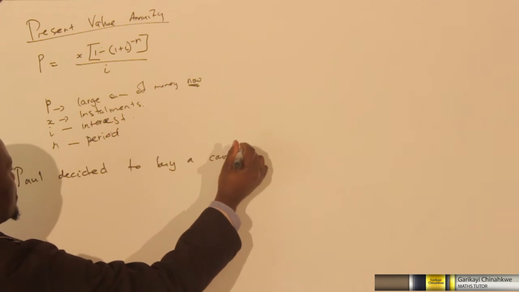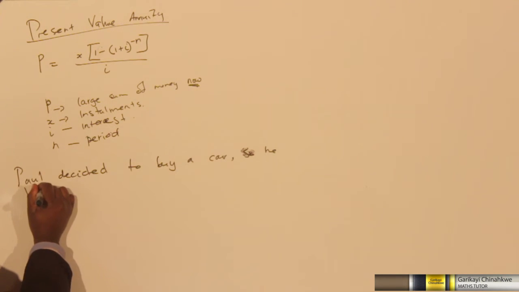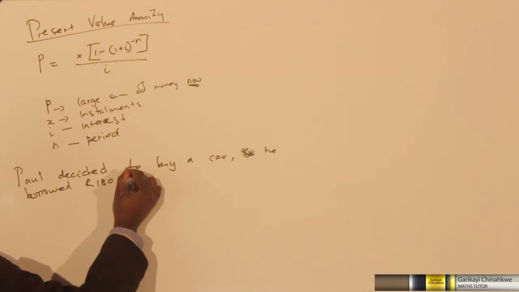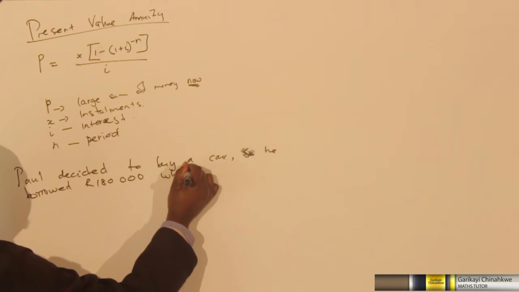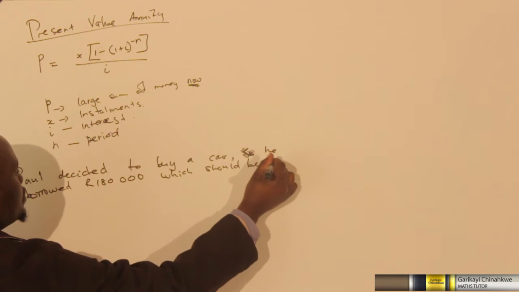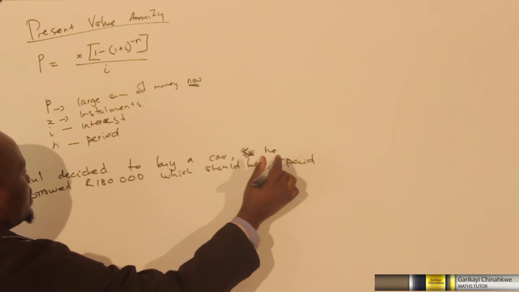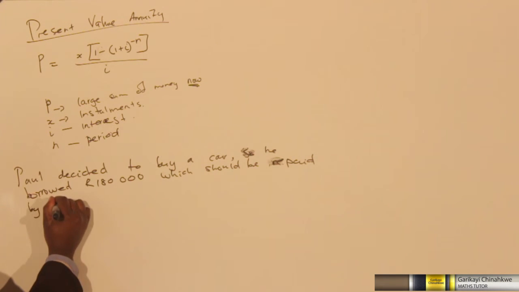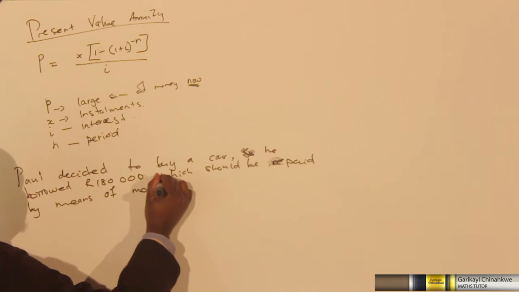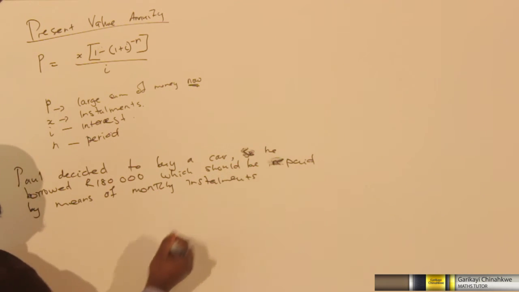So he borrowed 180,000, which should be repaid by means of monthly installments.